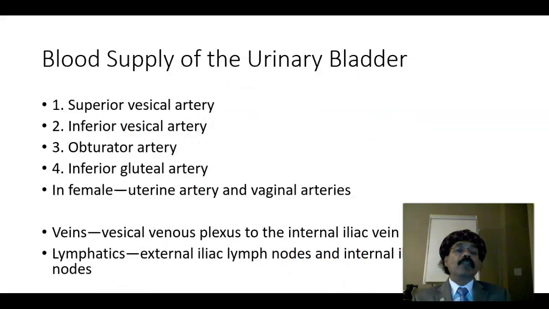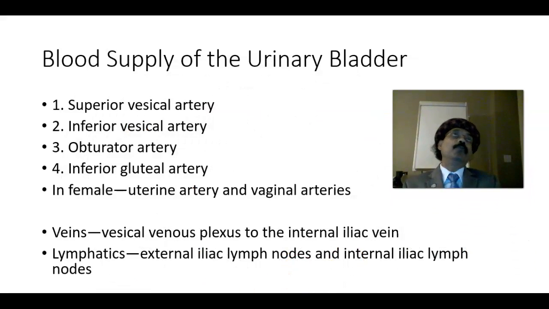When we go to the blood supply of the bladder, we have the superior vesical artery and also the inferior vesical artery. In female, we have also the uterine artery and vaginal artery in lieu of the inferior vesical artery. We have also some blood supply from the obturator artery and also the inferior gluteal artery.